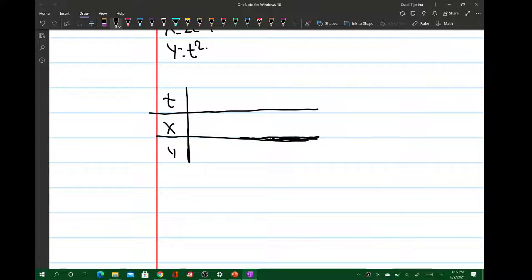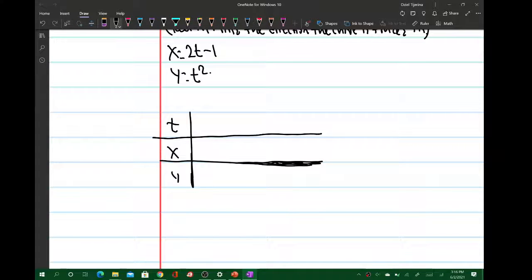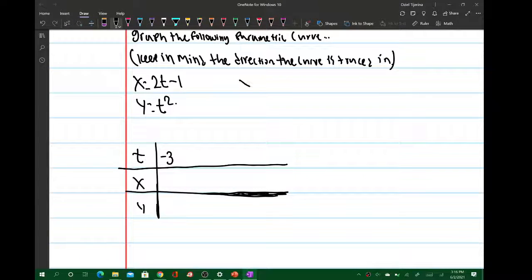I'm going to try to go as low as I can, so -5, for example, or even, I'll do -3. So if t is equal to -3, what is x equal to? Well, x equals 2 times -3 minus 1. That's x equals -6 minus 1, so x equals -7.